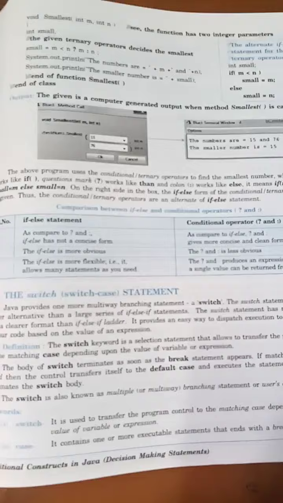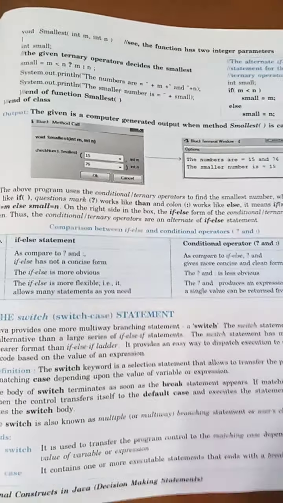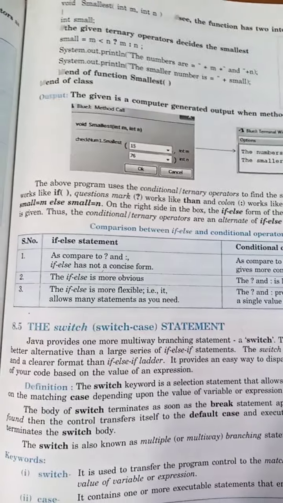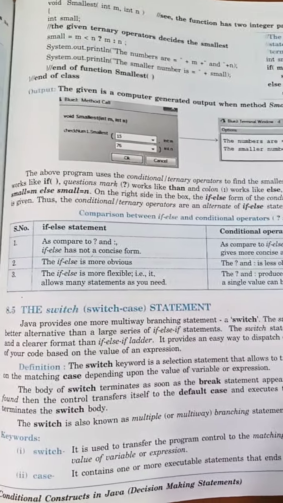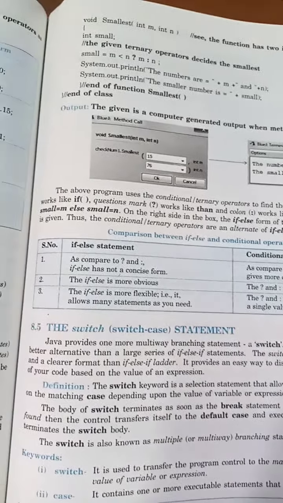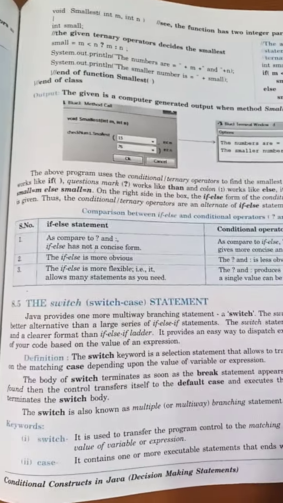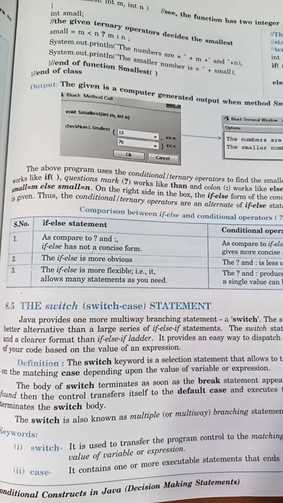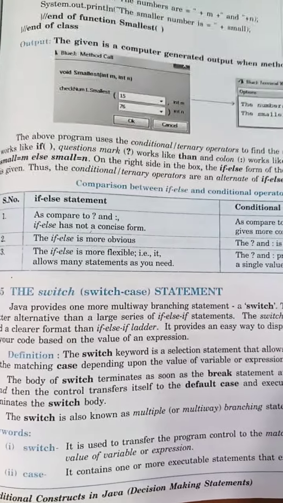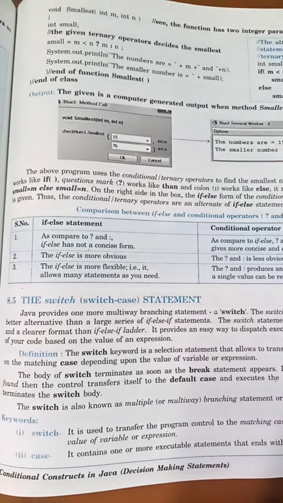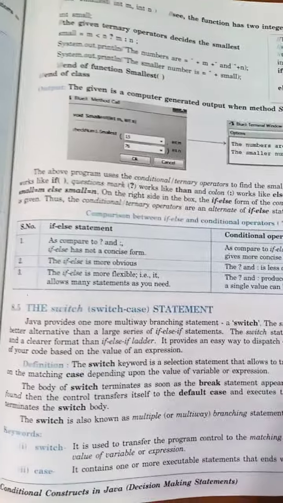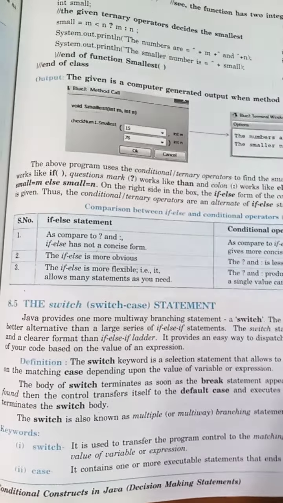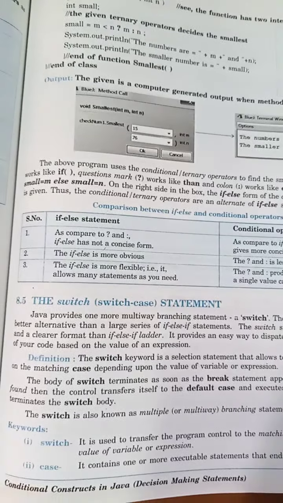It's a selection statement that allows to transfer the program control to the matching case depending upon the value of a variable or expression. So you will be switching the value of a variable or expression. Then there will be different cases, and a default statement will also be there, and within each and every case there will be a break statement.